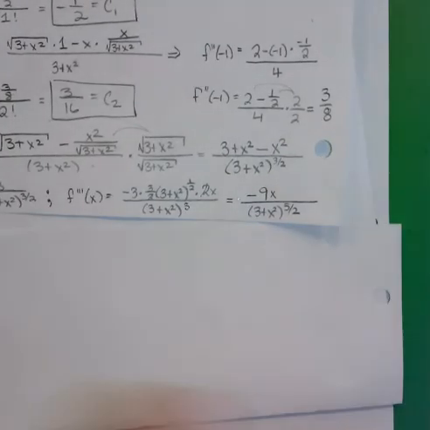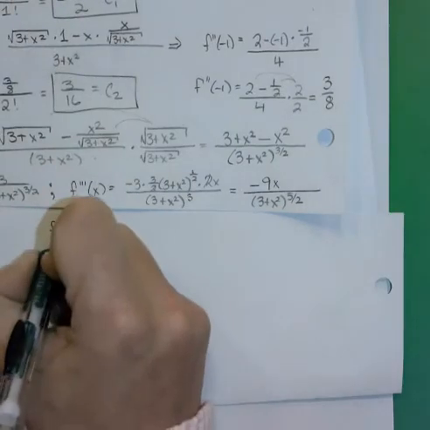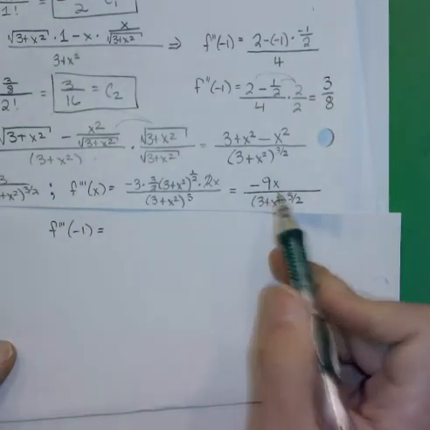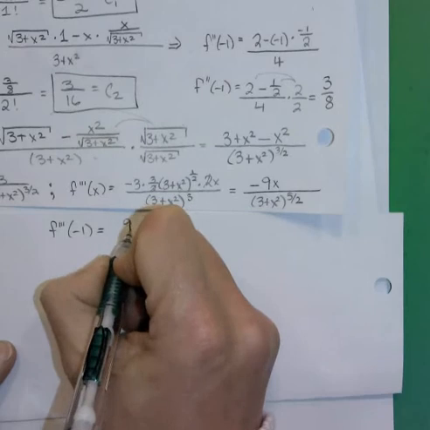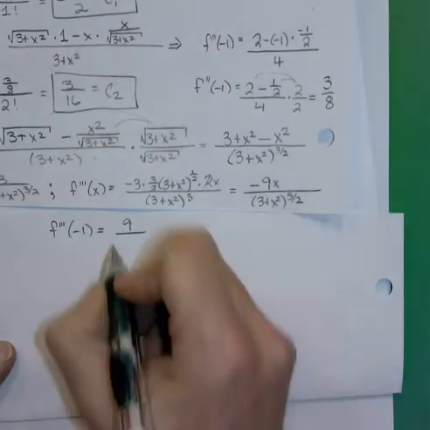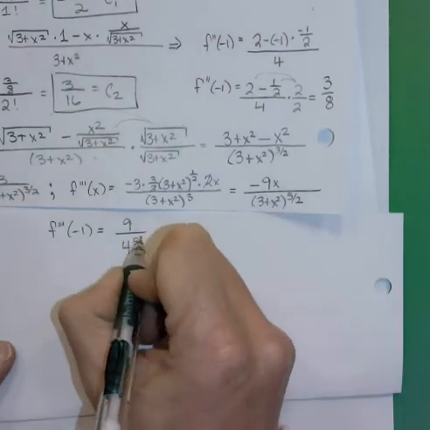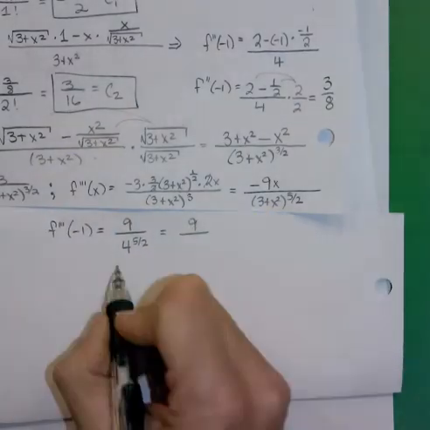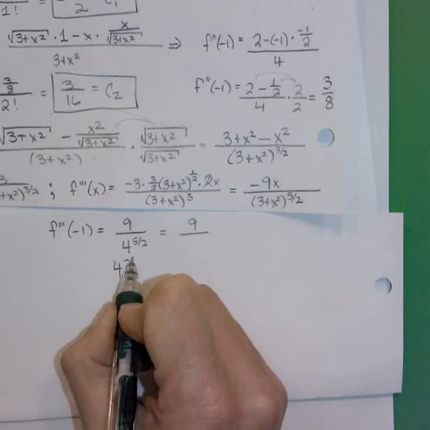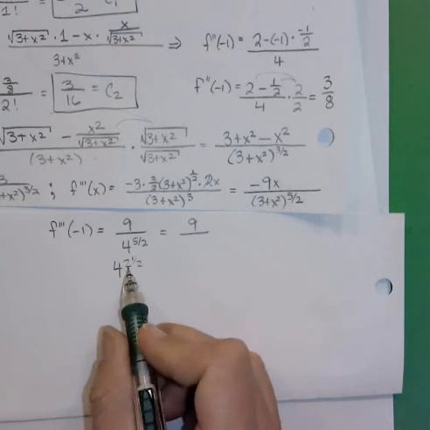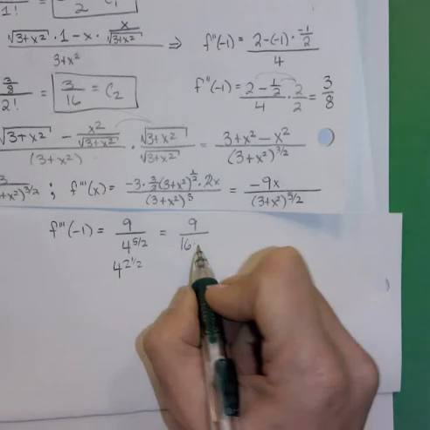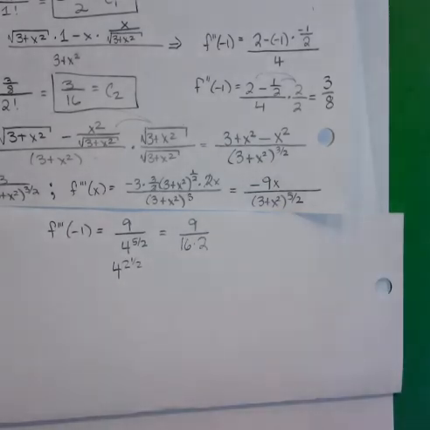And so f triple prime of negative 1 would be positive 9 in the numerator over 4 to the 5 halves power. We'll think that's 4 to the 2.5. So you have 4 squared, which is 16, times 4 to the 1/2, which is 2, because 4 to the 1/2 is the same as the square root of 4. So you'd have 9 over 32.